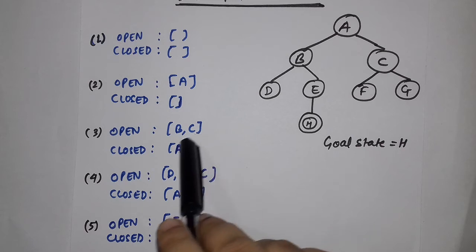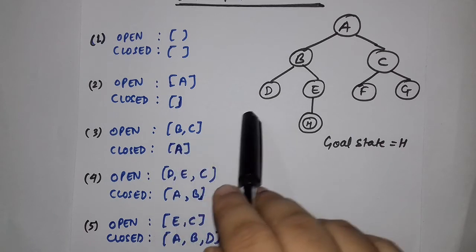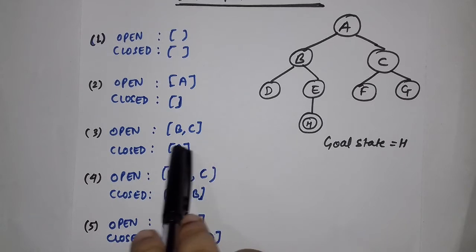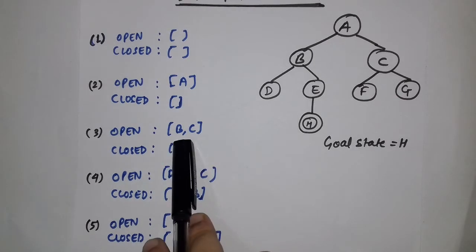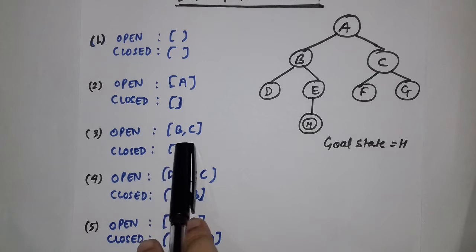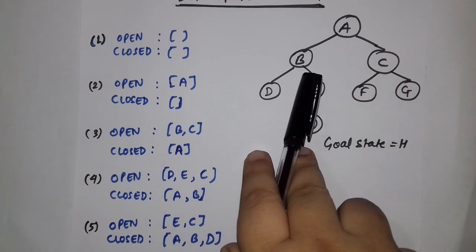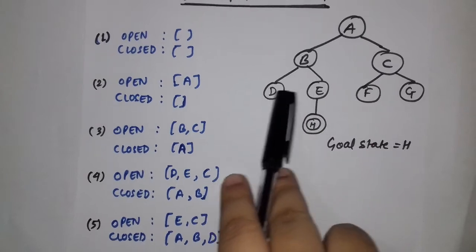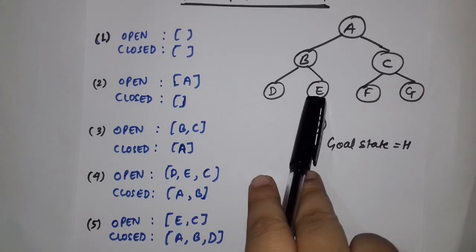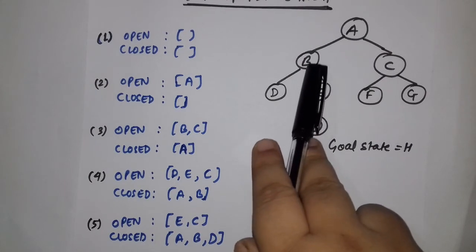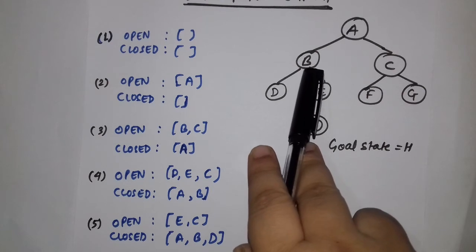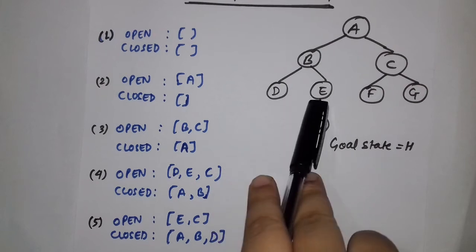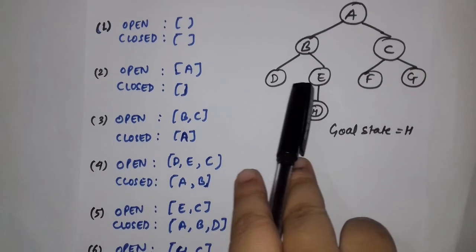So now we have to insert the elements from left to right in the open list. So now B is the first element of the list. Now when we traverse element B, we can clearly see that D and E are the 2 children of element B. So the B element will be sent to the closed list after A, and D and E will be written in the open list.